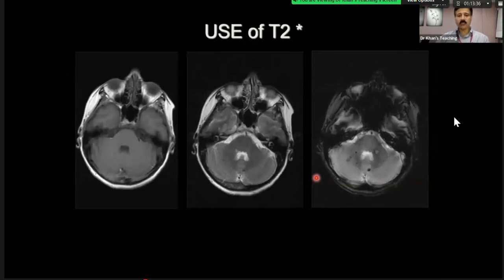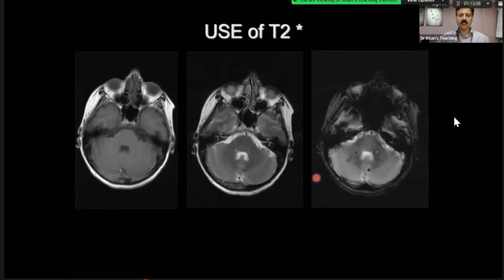T2 star is the most sensitive imaging tool to pick up hematomas. Basically, the physics is that if the magnetic properties of a substance are drastically different from the surrounding brain parenchyma, then on this sequence there is a signal loss.